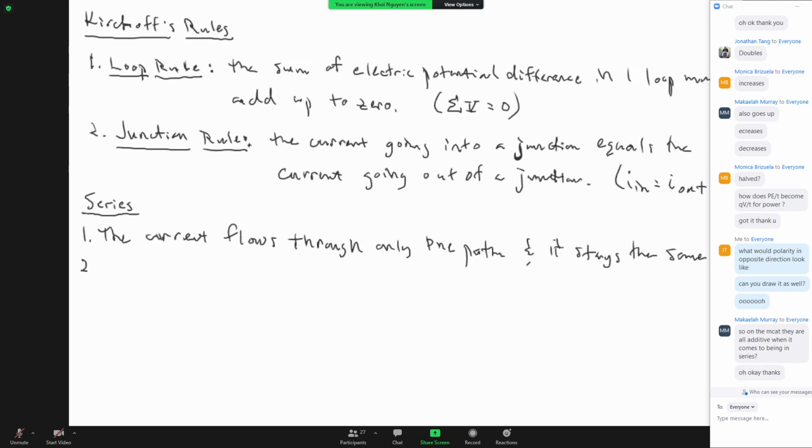However, the voltage difference of each circuit element can be different.